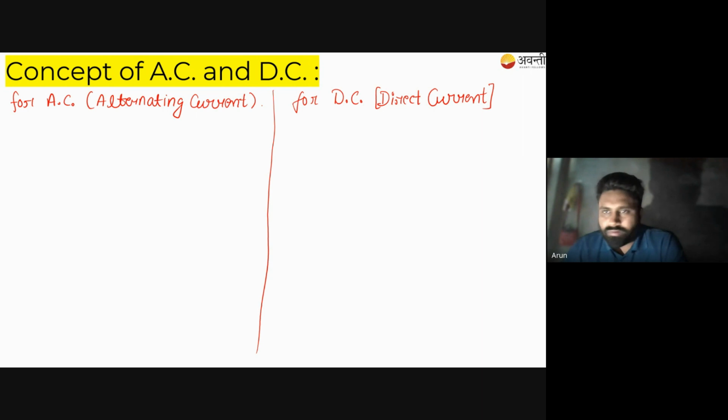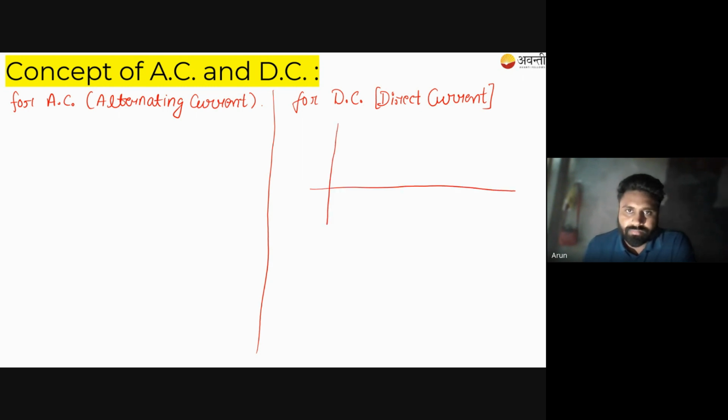What is the difference between AC and DC that we see? For DC, if you see, this is the value of current, and this is the time graph. This is the value of time. So this DC will have some value, let's say I naught, at this point of time. At this point of time, it has the same value, and at this point too.